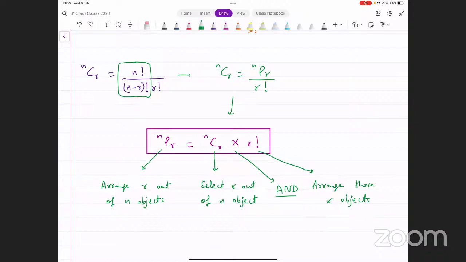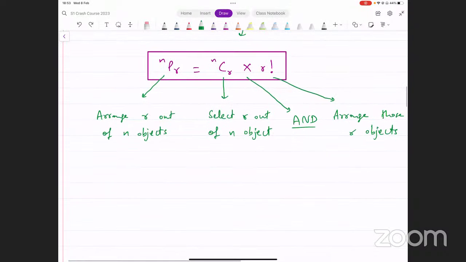It's doing two things. So sometimes what would happen would be that you will have to select something, you'll have to arrange some objects, but there will be some kind of restriction on their selection, first of all. There might be a certain number that you might want to select from a certain category and another number from another category, and then you want to arrange those things.